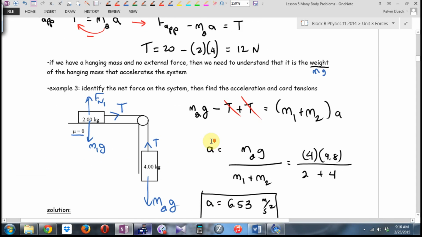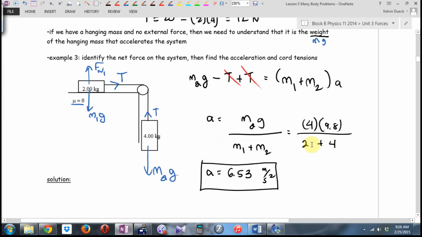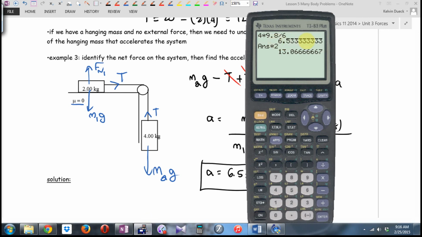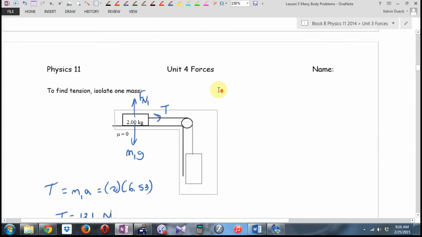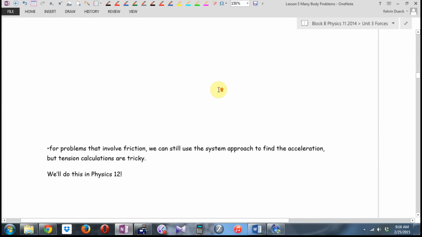I hadn't typed this equation in yet, so I did the last quick question quickly because I wanted to use my answer button, and I figured it was going to be about the same number of keystrokes to type that and have it accurate to like 50 decimal places than it was to type 6.5 and a few threes. I'm a nut about trying to be accurate, and anytime I can use my answer button and carry a number over without rounding off, I will. That's all. Good question.